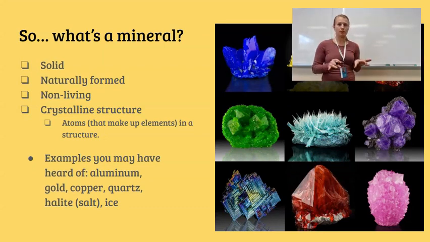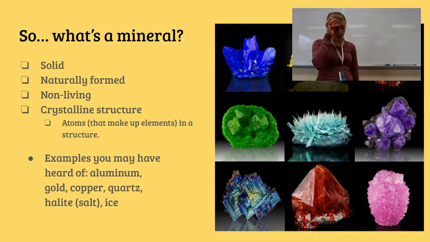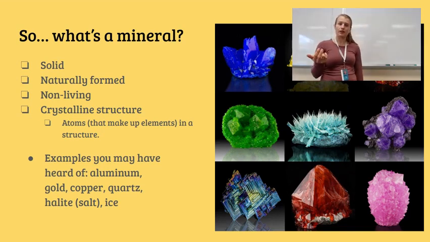If you've seen Jurassic Park and the part where they have the mosquito in the amber, a lot of people think that amber must be a rock or a mineral. But the amber actually came from tree sap, so that came from a living thing. So amber is not considered a mineral.